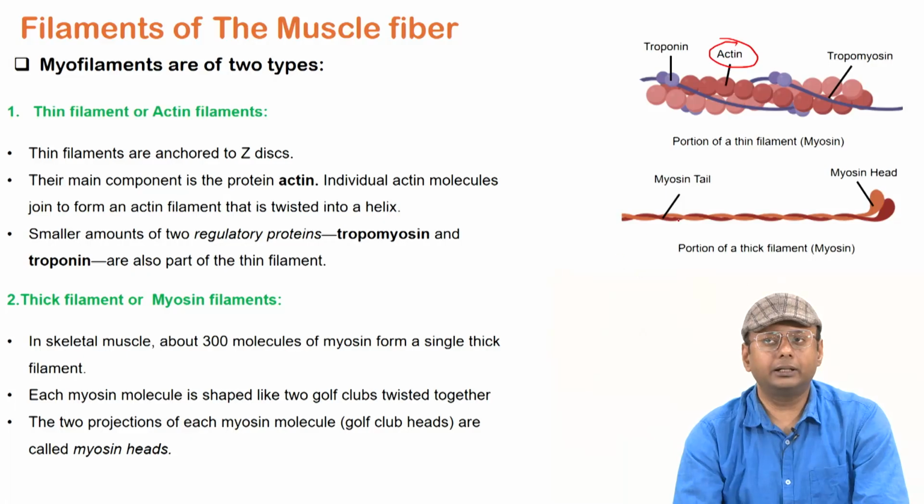Once this myosin gets twisted, the thick filament gives a golf club like structure, and the part that looks like a golf club head is called the myosin head.